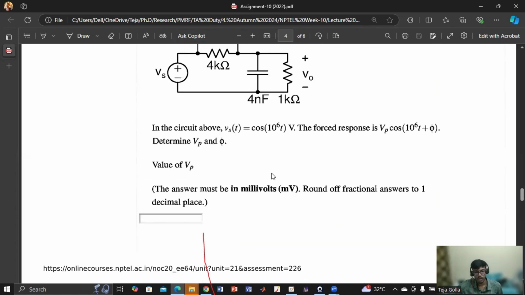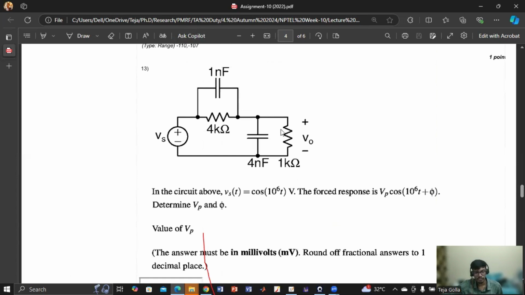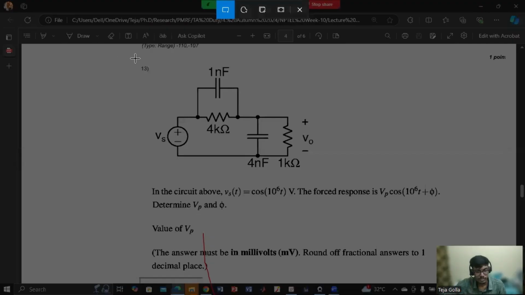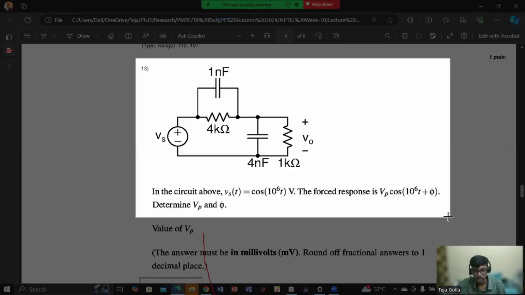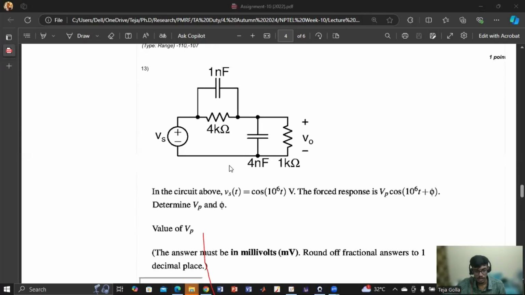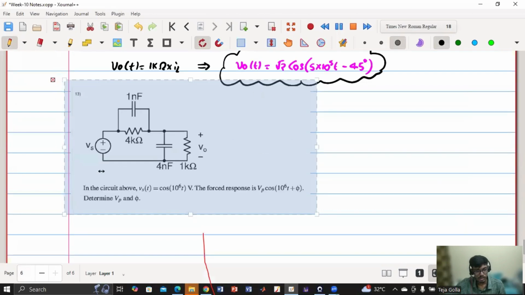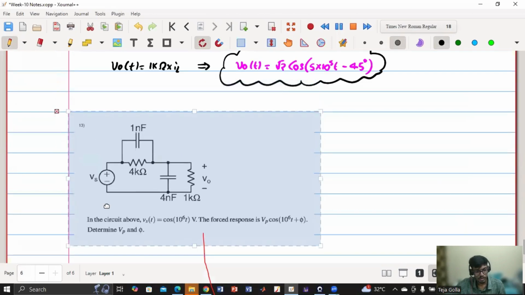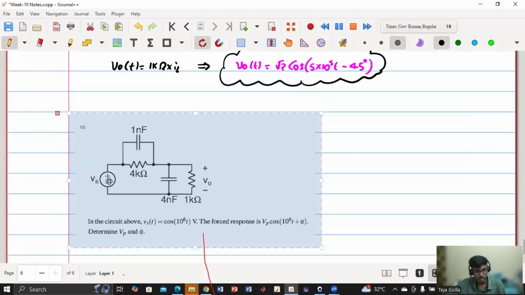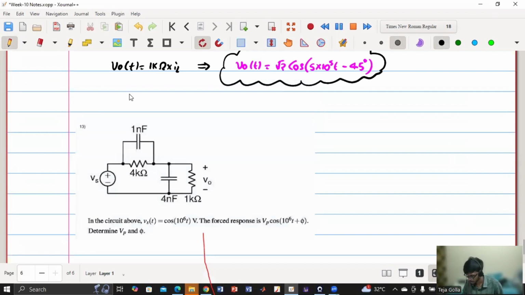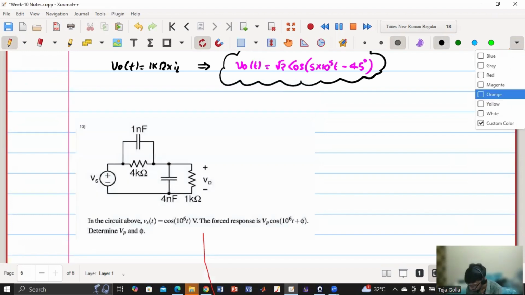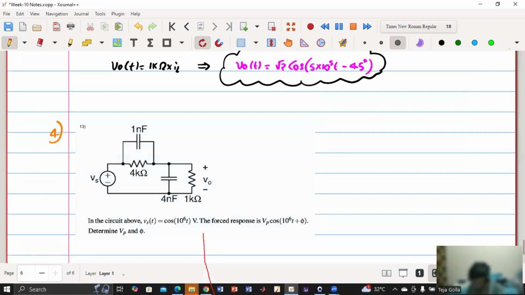So I'll solve one of these. Maybe I can solve problem 13. So this will be our question 4, our fourth problem.